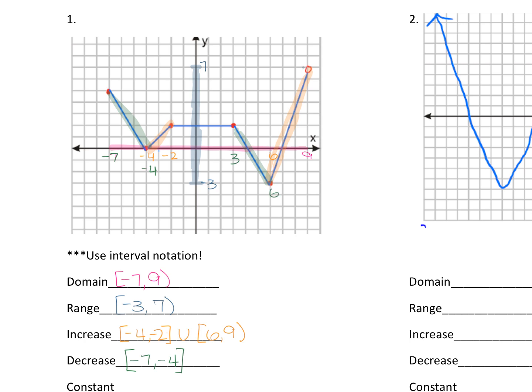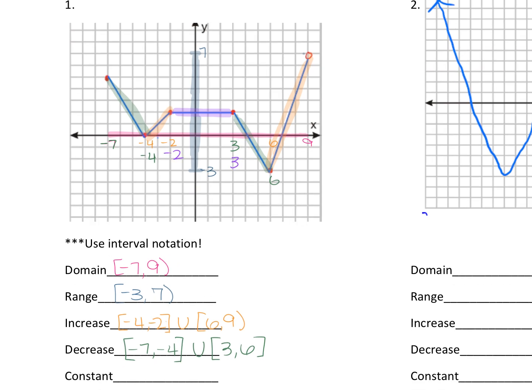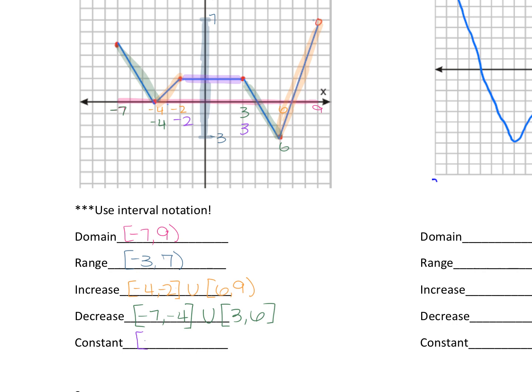And again, both closed circles, so those get brackets. Next, the only thing that we have left over is our constant. So that's that horizontal part that goes side to side, that's straight. So that's going from the x value of -2 to 3. And again, those are both closed circles, so those get brackets.